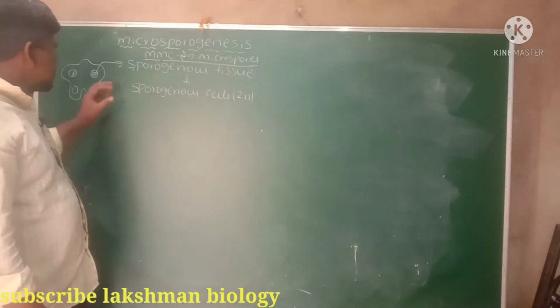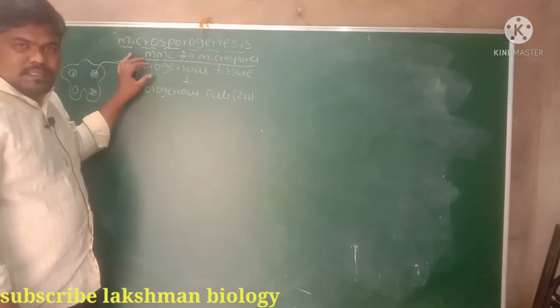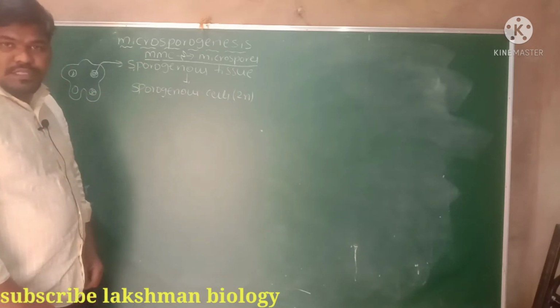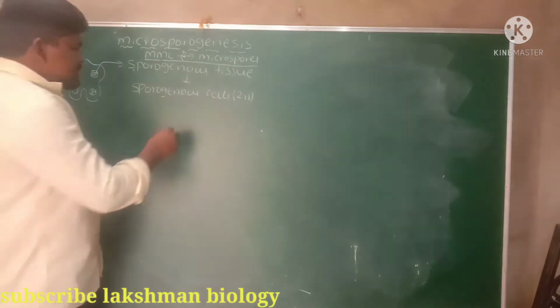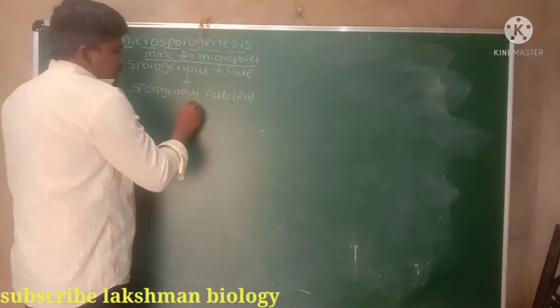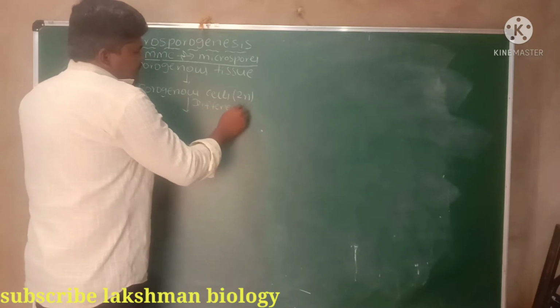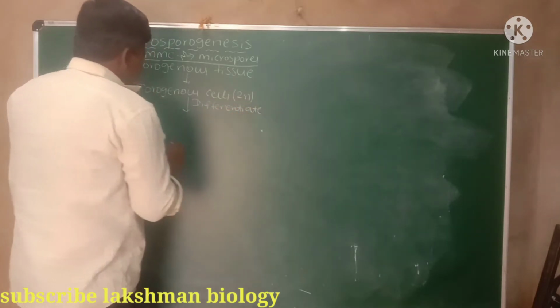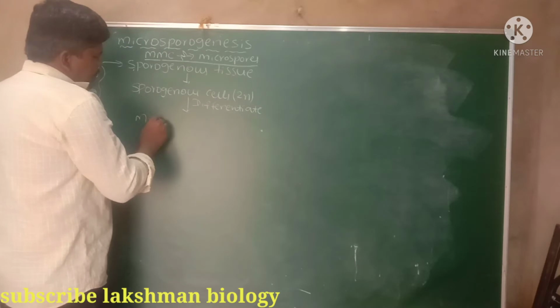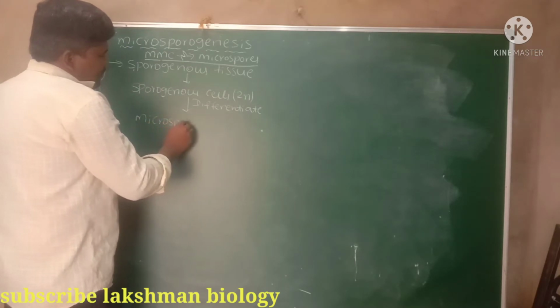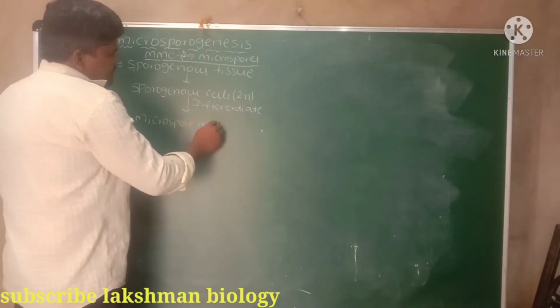The sporogenous cells present in the sporogenous tissue differentiate and become microspore mother cells.